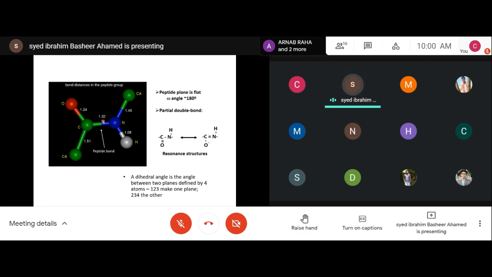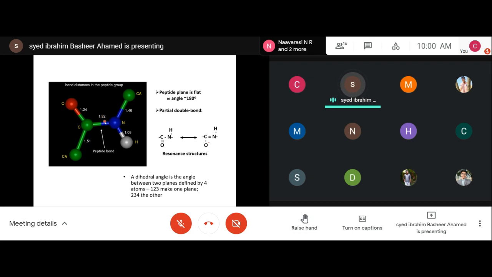That means it is showing partial double bond character, and that's why you are not able to freely rotate along this bond. Carbon C prime to nitrogen, you have restricted rotation.